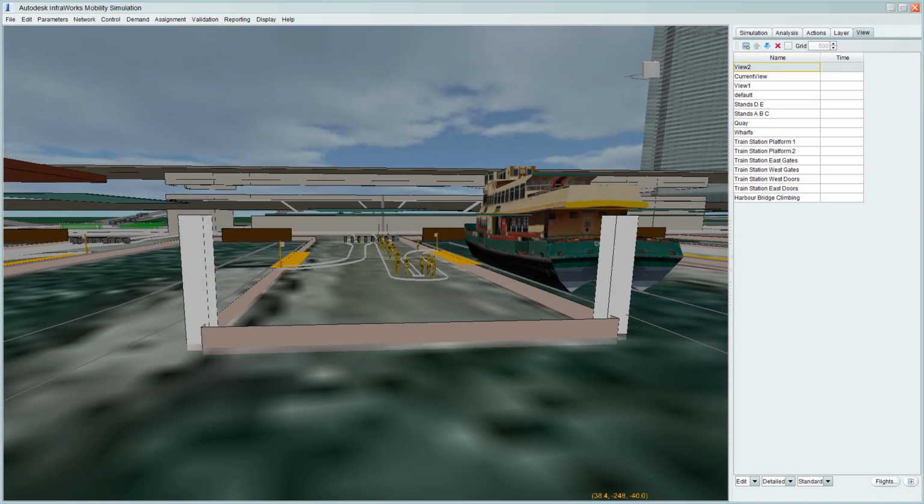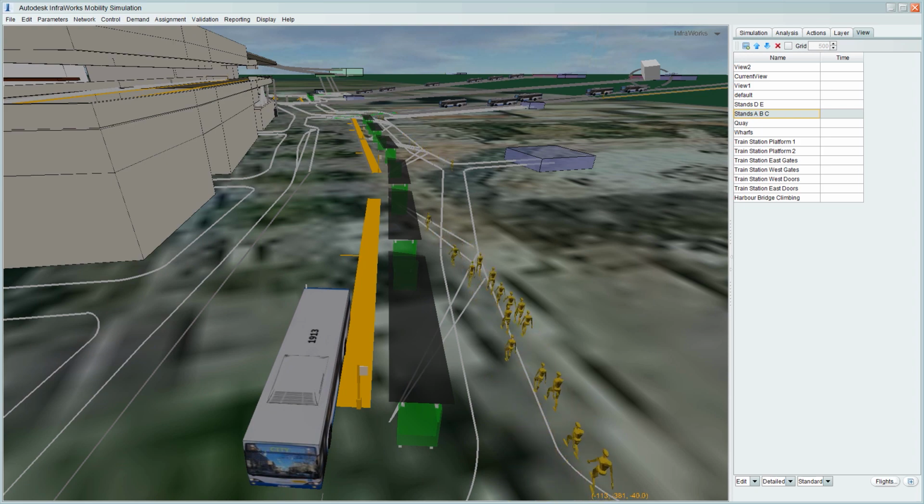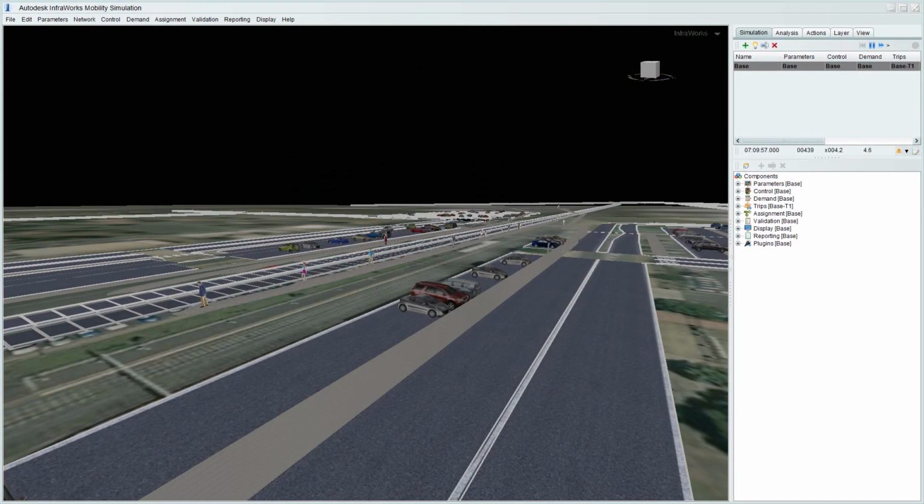And then this one is around ports. Here we have the ferries coming in, people moving off the ferries, and then out to ground transportation where they're picked up by the buses, and then moved on. This is a rail example.